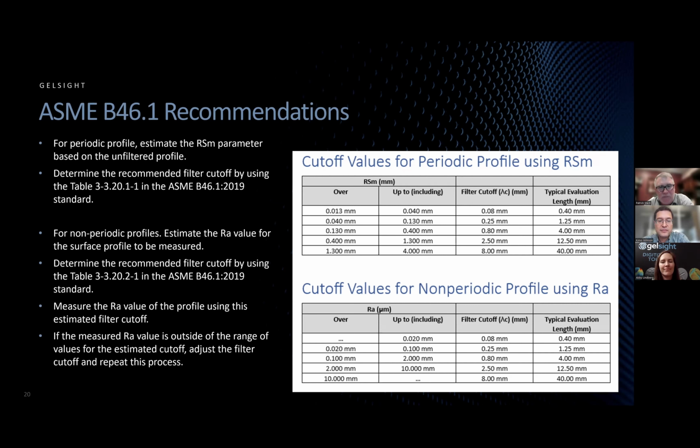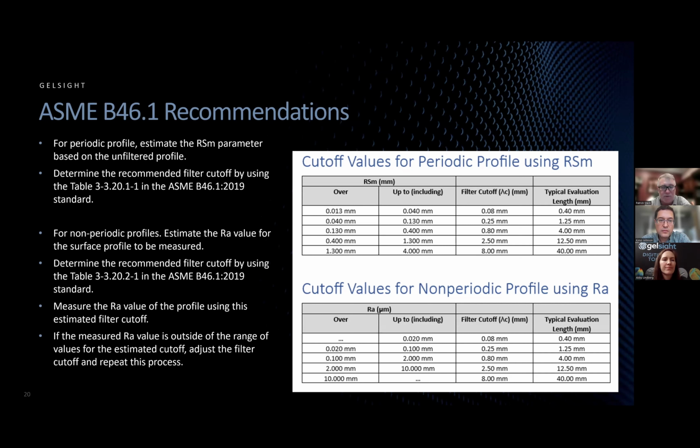Yeah, these tables come right from the ASME B46 standard. So there's two tables. The first one is for periodic profiles, similar to the profiles that we just looked at. So if your surface has a lay or a texture or a repeating pattern, you'd want to use this first chart. And basically, you would visually try to determine that average distance between those peaks.